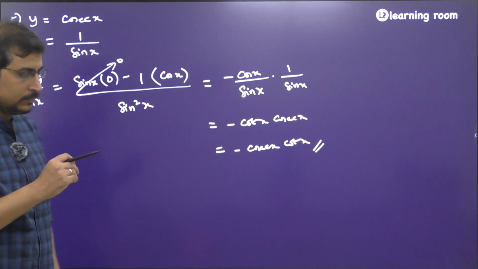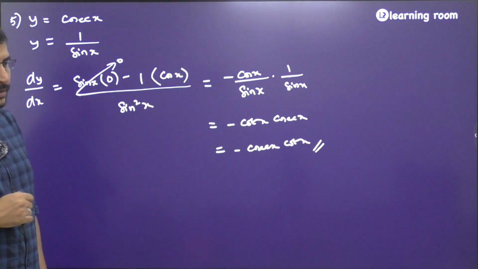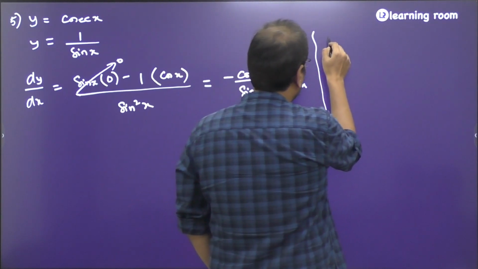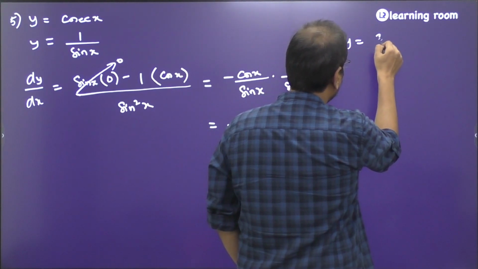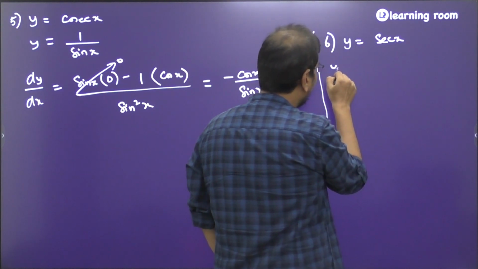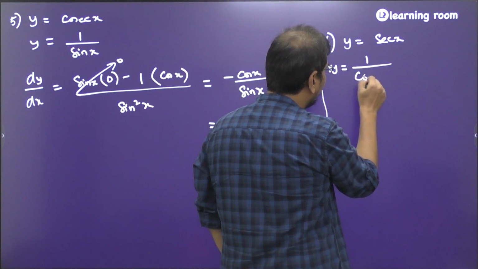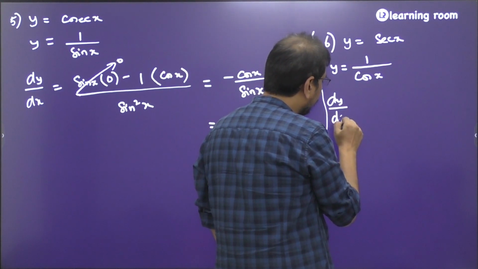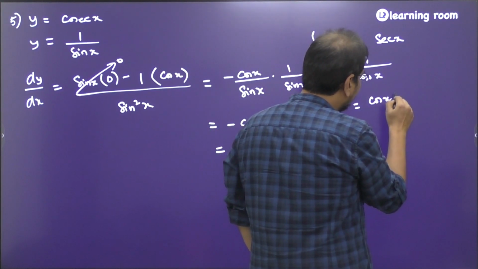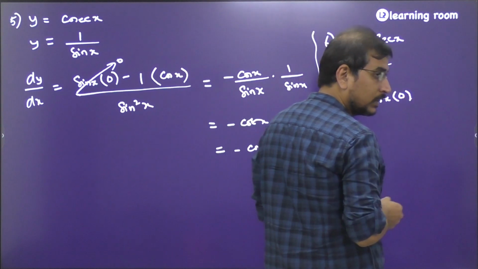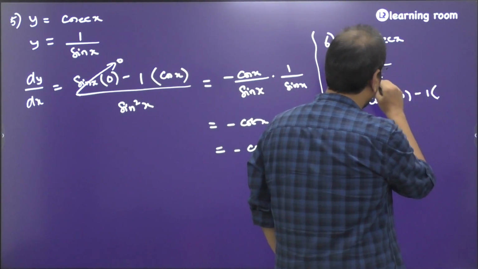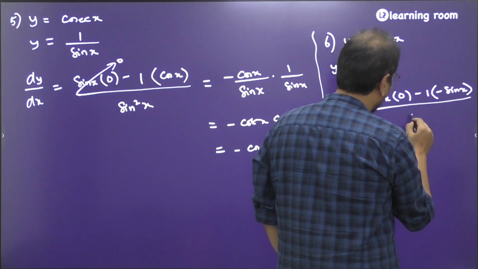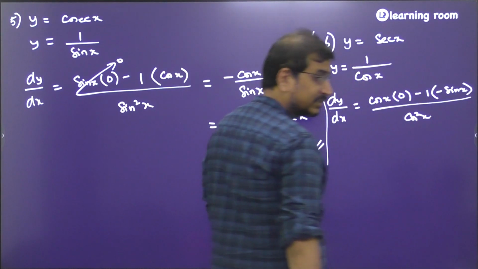Yeah. So next one. The sixth one is y is equal to secant x. So y is equal to, can I write it as 1 divided by cos x? So dy by dx will be cos x into derivative of 1, which is 0, minus 1 into derivative of cos x, which is minus sin x, the whole divided by cos square x.